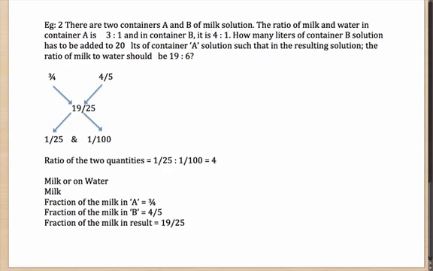So what do I get? I get the ratio as 4:1. And now I am given that I had 20 liters of container A. So if it is 4:1 and I have 20 liters in container A, how much will I have in container B? Well, it has to maintain the ratio of 4:1. So I will have 5 liters in container B. And that is the value that we were looking for.